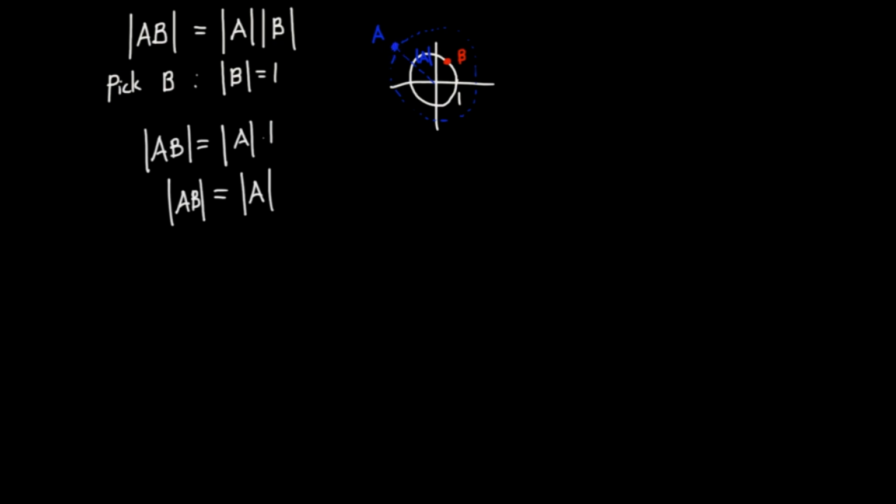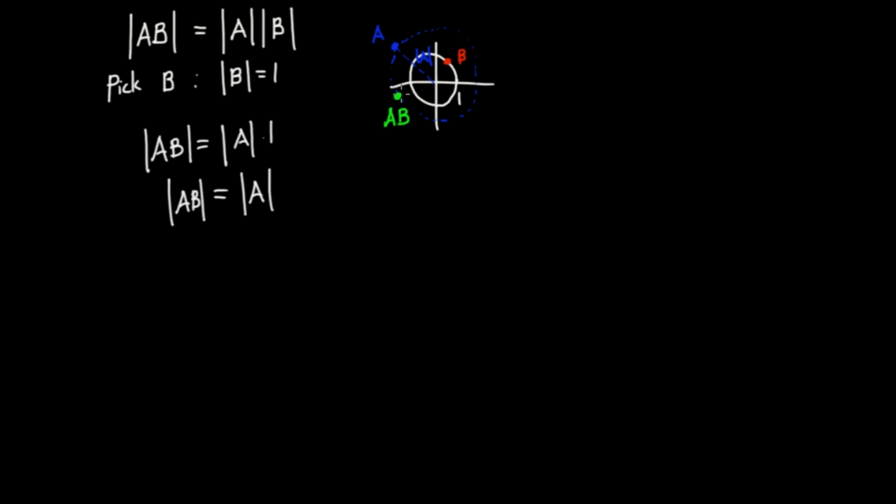Now, since we just found that the magnitude of AB is equal to A, that means that the value of AB, that point must be located somewhere on this blue circle. Wherever it is, it has to be on this blue circle here, because its magnitude is equal to that of A. So AB could be there, for example.